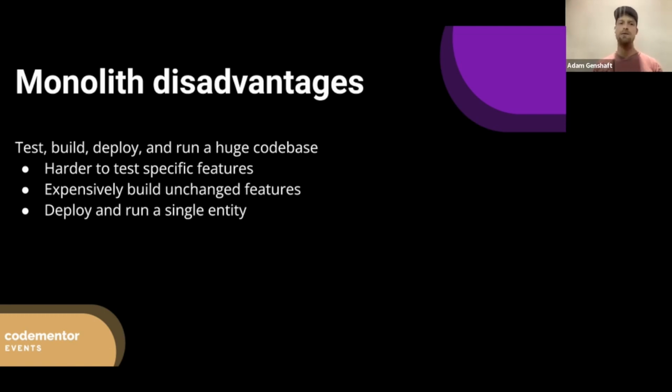Whereas if we have microservices and we see that a single small service suddenly spins up many instances, it will be much easier to identify. So these are the advantages and disadvantages of a monolith, and basically its comparison to microservices in a very shallow way. Obviously, it's a huge topic. There's a lot of content out there about the two, but this is not the topic of the conversation.